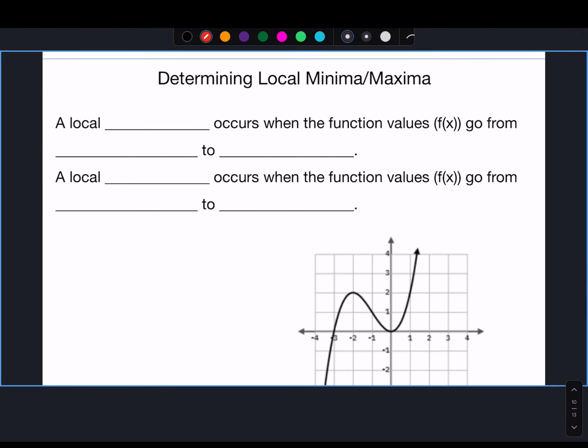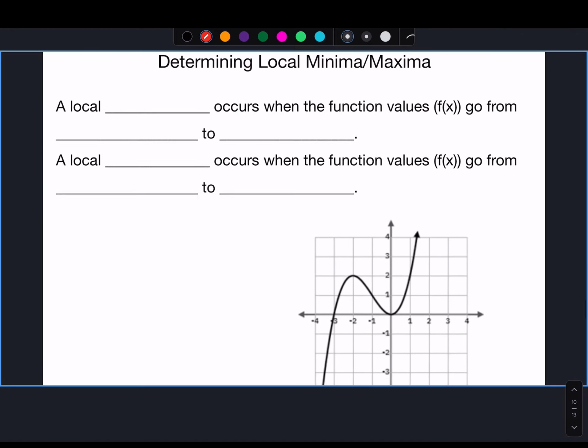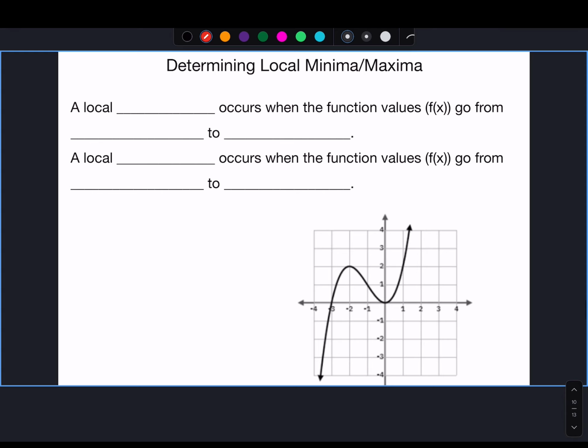Okay. The next thing we want to talk about is local minima and maxima. So, a local maximum occurs when the function values, that's f of x, go from increasing to decreasing.